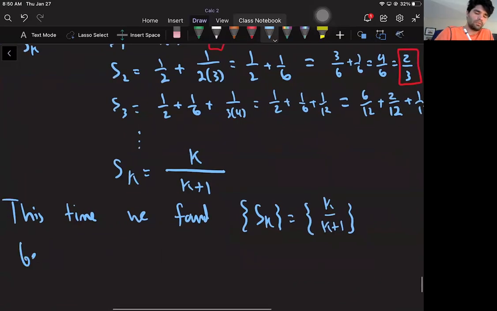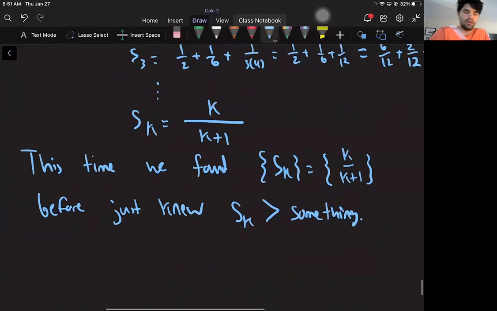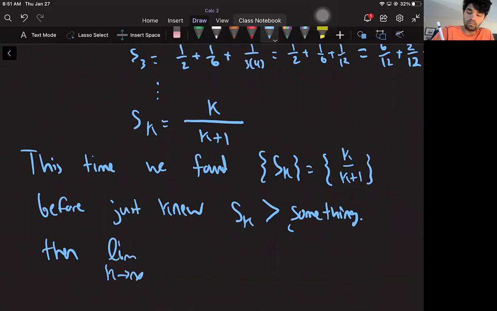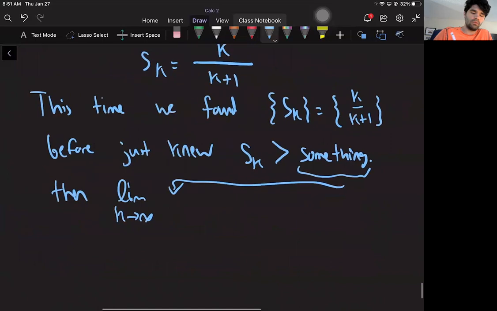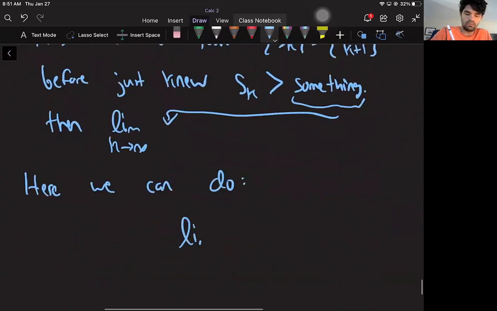Whereas before, we just knew SK was bigger than something, and we took the limit of that something instead to finish the problem. Whereas here, now we can just do the limit of the SKs, the partial sums, because we have an explicit formula for it.